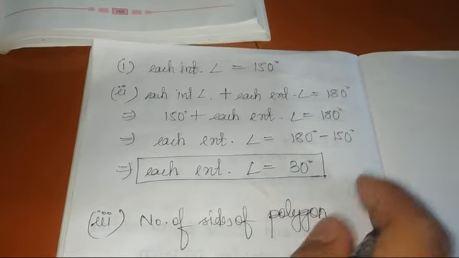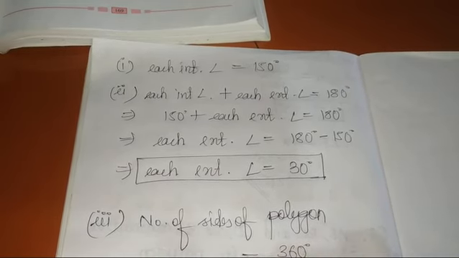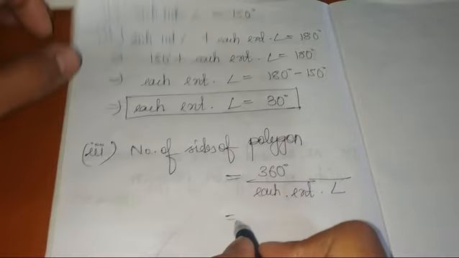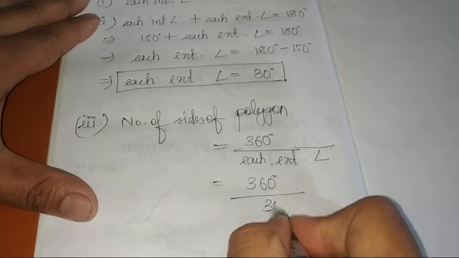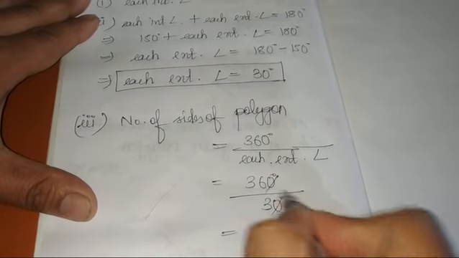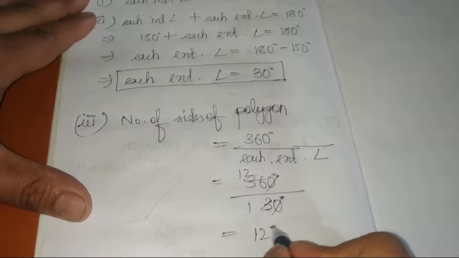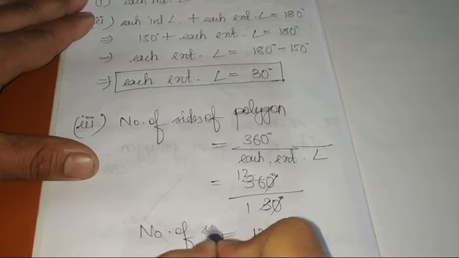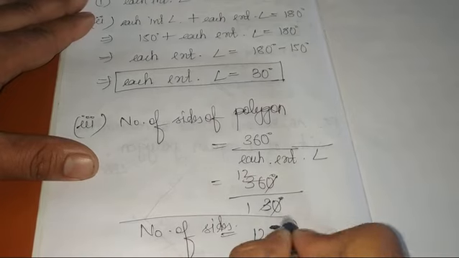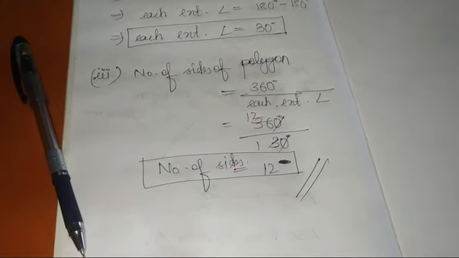Formula number 5 is 360 degrees divided by each exterior angle, which is 30 degrees. So this and this get cancelled out. 3 1s are 3, 12s are 36. So the number of sides I'll be getting is, sorry, it's not degrees, the number of sides is 12. So note down, that's it for today.